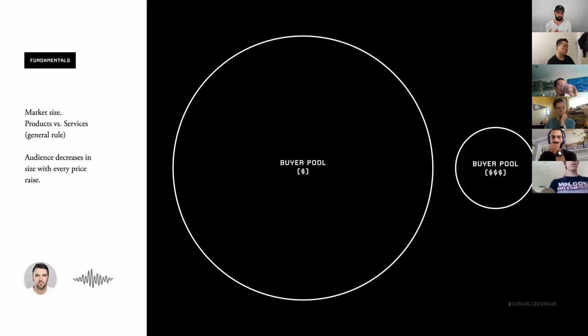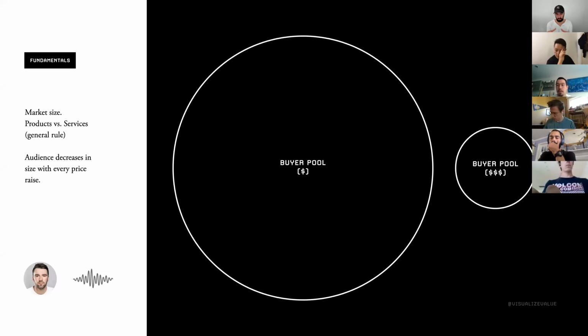Obviously these are just gestural diagrams right now, but the idea is, for every significant price increase you put on your product, your buyer pool decreases. If you're selling a service at a high price point, then you should be locked in fairly narrowly on who that person is.